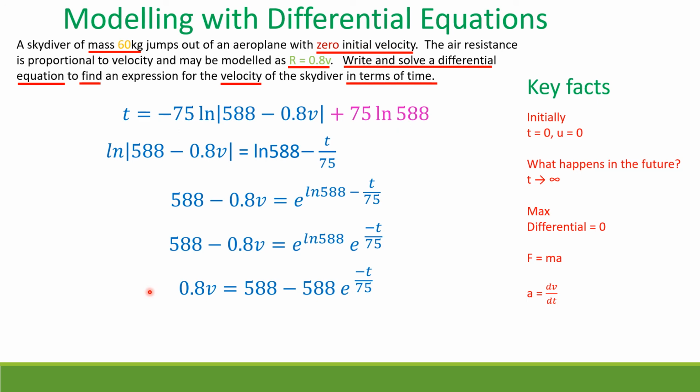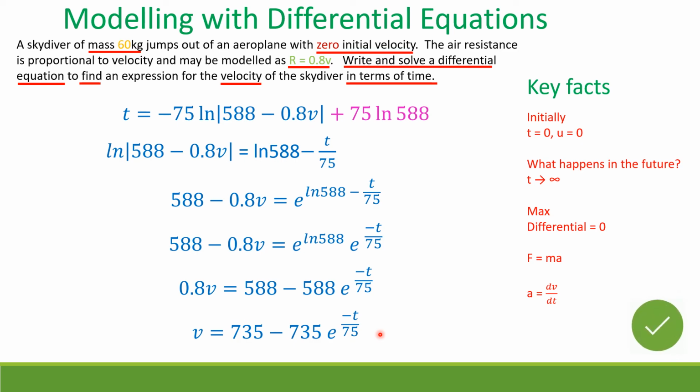From here, I've now got to get v on its own. So I've got to divide everything by 0.8, and dividing 588 by 0.8 gives me 735. Dividing this 588 by 0.8 gives me 735. So I've now got an expression for my velocity in terms of t. So v is 735 minus 735 e to the minus t over 75.